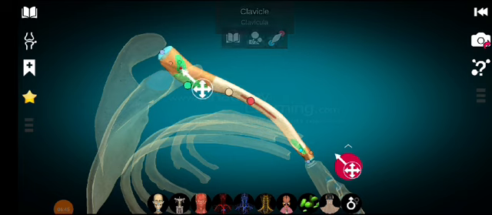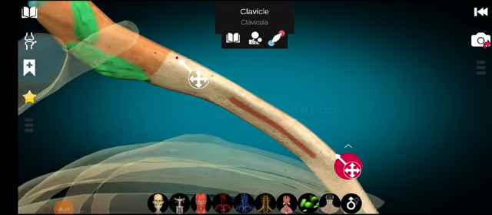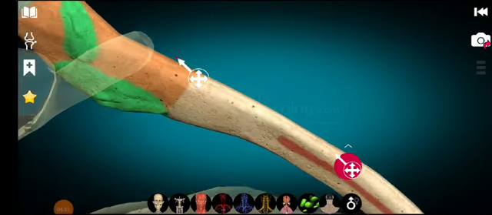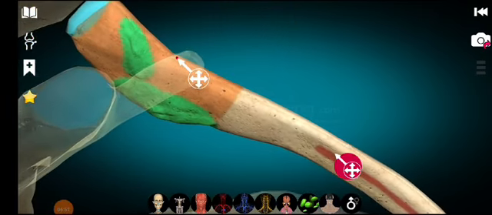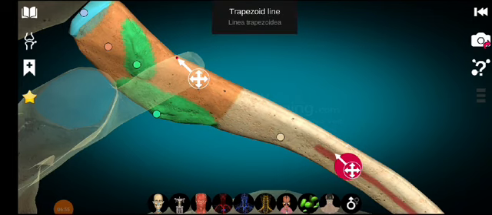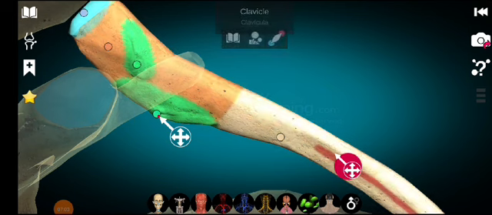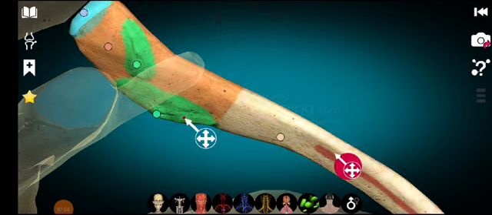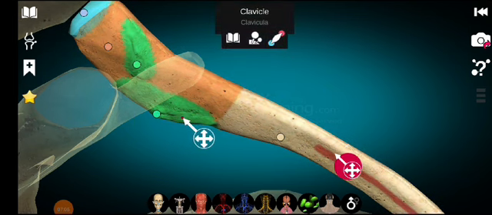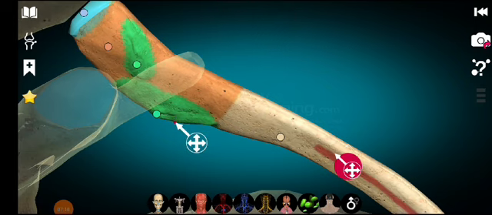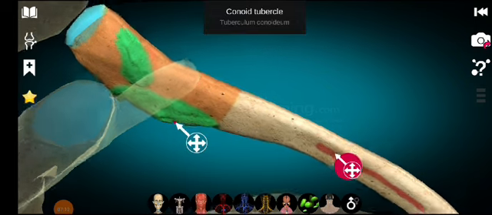This line is called the trapezoid line. I am going to zoom it. On the inferior surface of the lateral one-third of the shaft of the clavicle, there is also a tubercle. This tubercle is called the conoid tubercle.